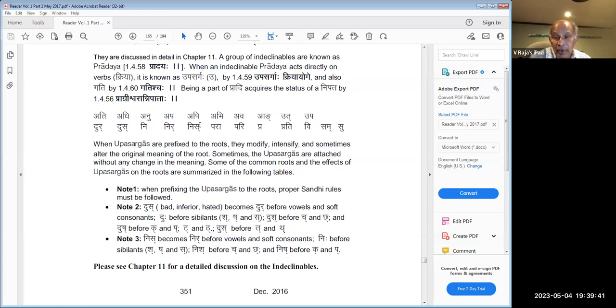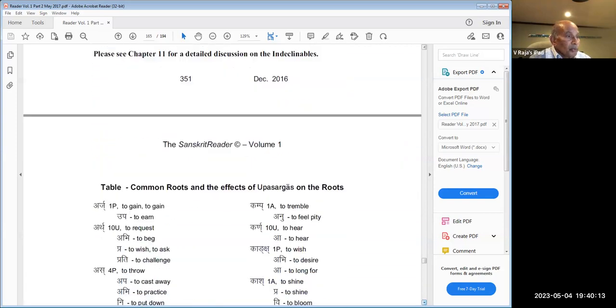For example, karyam is something worth doing. If you put dush in front of that, it becomes dushkaryam, bad work. So these 22 upasargas are added to the roots and the meanings change.